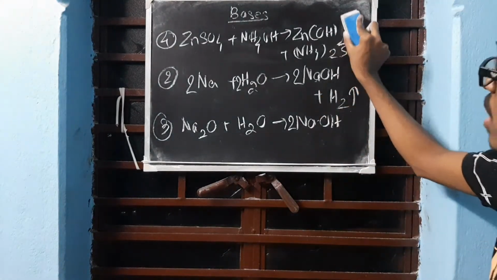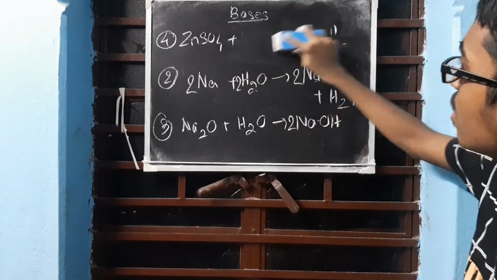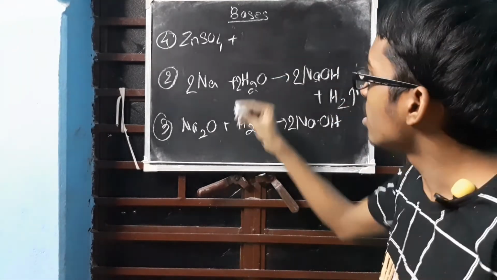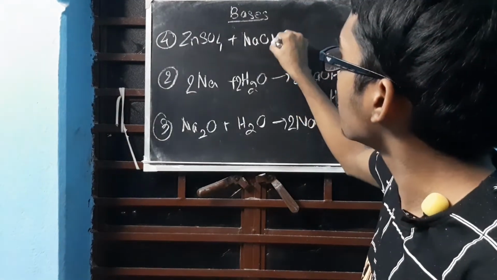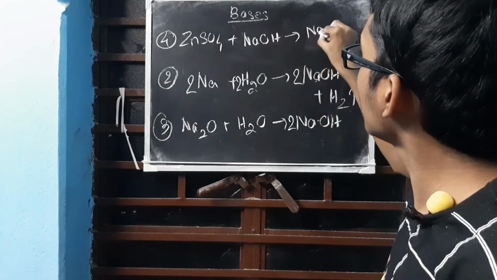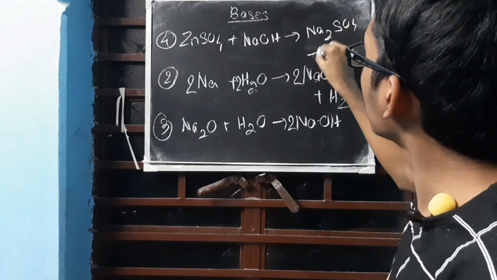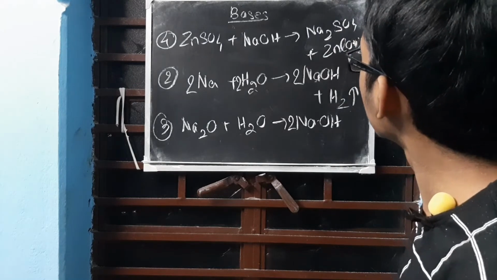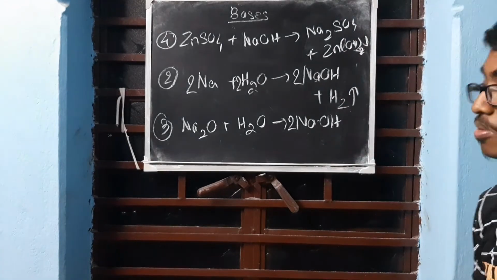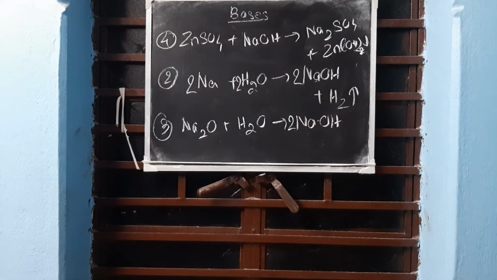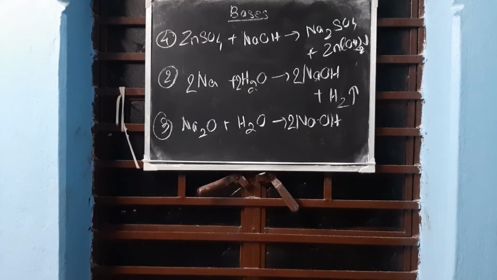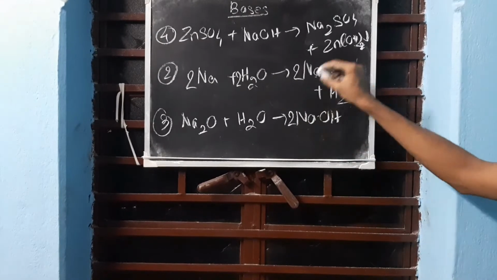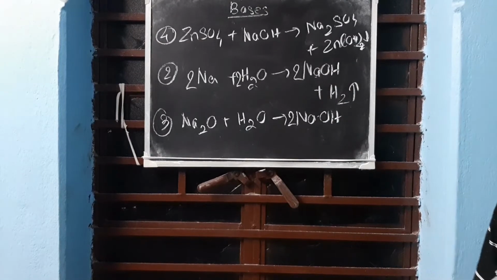So if I write NaOH in little, the precipitate also remains the same. What will be the precipitate? Na2SO4 plus Zn(OH)2. But if I add it in excess, this will dissolve to form Na2ZnO2. But that is not needed right now, so no need to worry about that. So the product obtained is a base. This is how you get the answer.